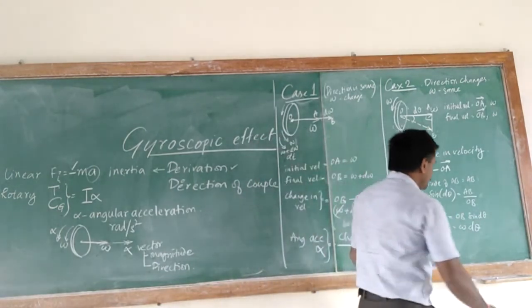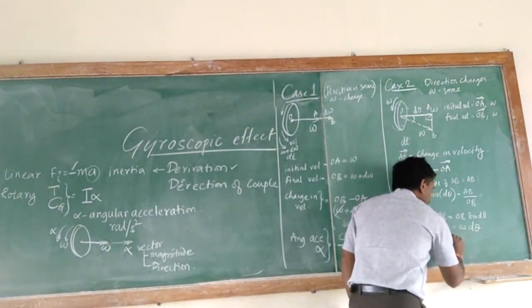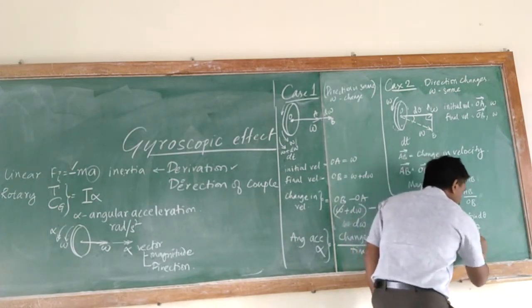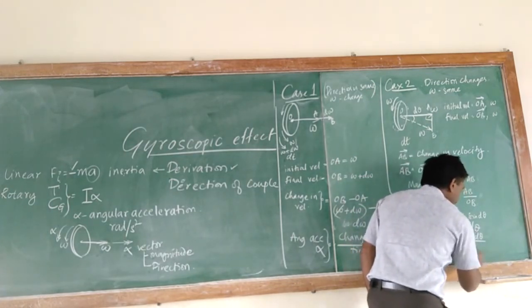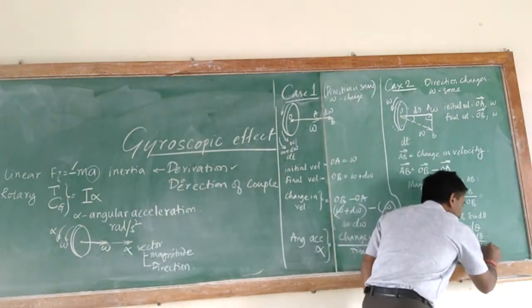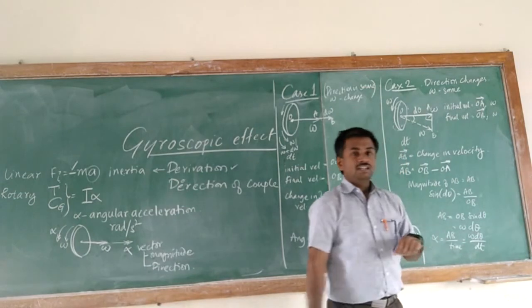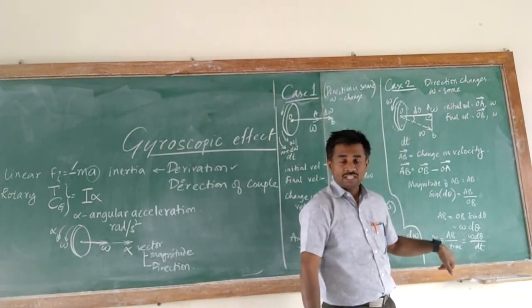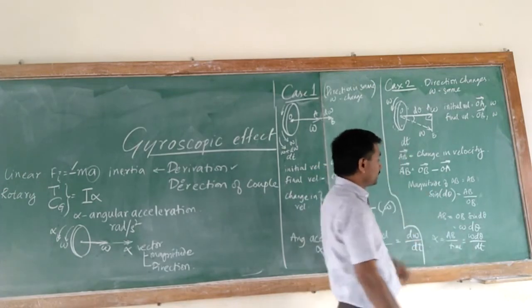AB is omega d theta, by time dt. So this is the angular acceleration. This is the magnitude again.